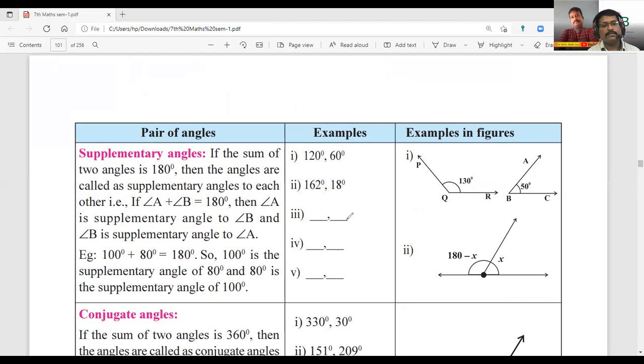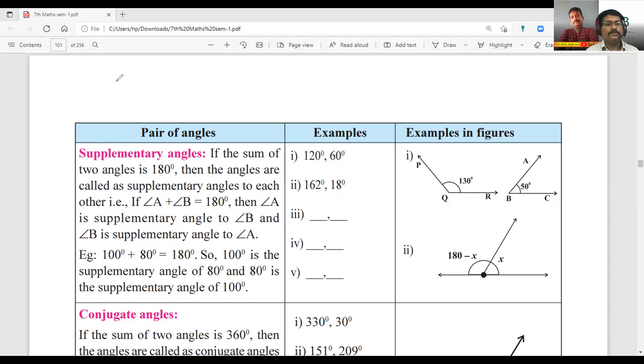55 degrees. Okay, 55 degrees. We need two angles whose sum is 180. So what is the complementary angle of that? Sorry, supplementary angle of that. So 180 minus 55. We have to write 180 minus 55. If one angle is x, then automatically its supplementary angle is 180 minus x. Am I right?